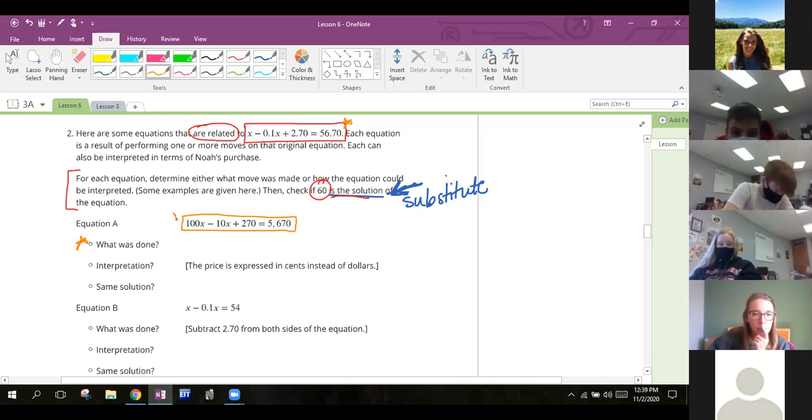How is this equation similar to this one that we just looked at? The X has 100 in front of it. The one is really different. They're all multiplied by 10. Close, not 10.